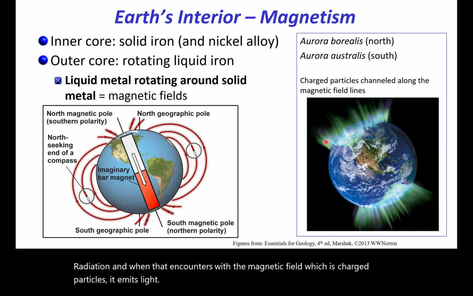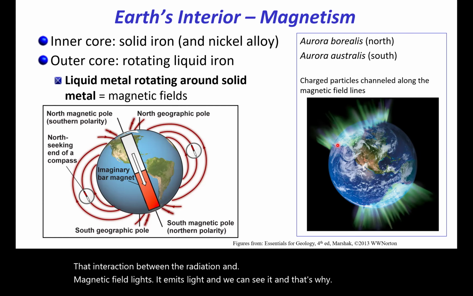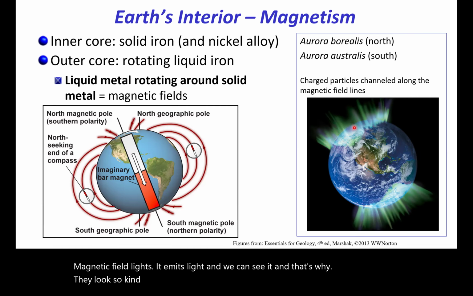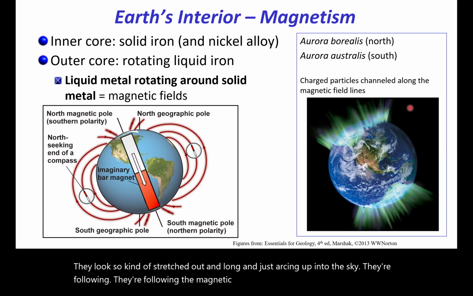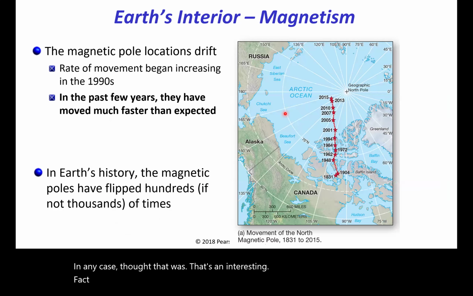That interaction between the radiation and magnetic field lines emits light, and we can see it. And that's why they look so stretched out and long and just arcing up into the sky. They're following the magnetic field lines. In any case, I thought that's an interesting fact about the core, the magnetic field, and all that.